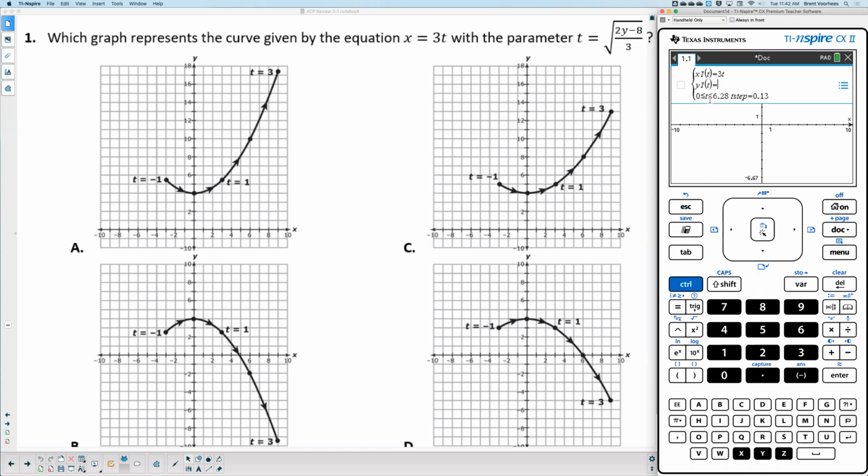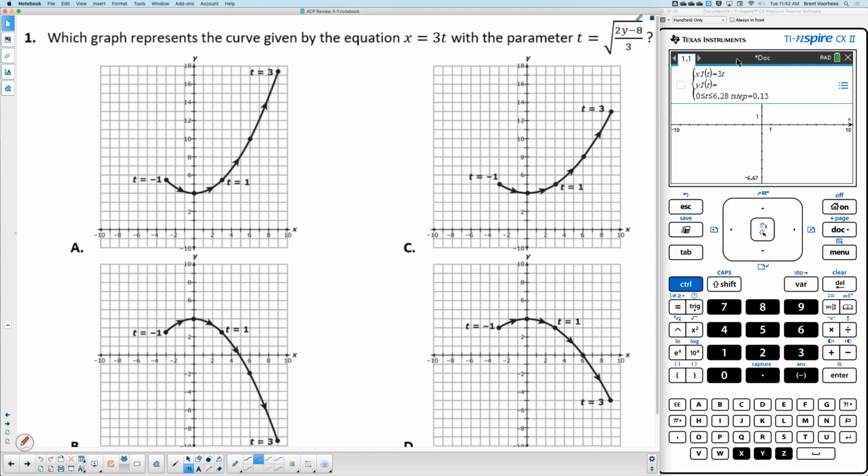So how do you think we can get the y equation when all I see is this right here? We need to solve for y. So we need to do some opposites here. Do you remember the opposite of this big square root? A square. So we're going to square both sides. If I square both sides, the square root and the square cancel each other, and so we're left with t squared equals 2y minus 8 all divided by 3.